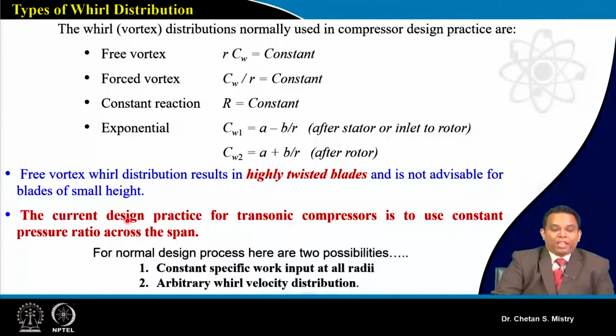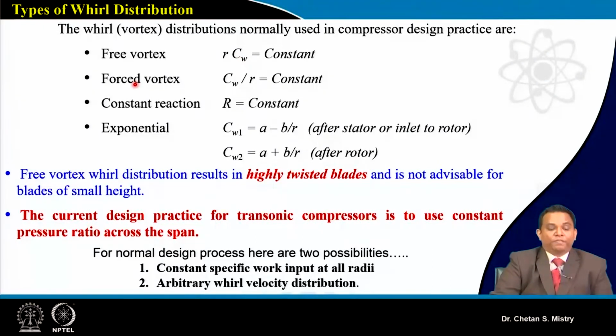We have discussed when we have Cw into r to the power n equal to constant, we have discussed different approaches. But as of today, for compressor design, people are taking different design approaches. One of them, as we have discussed, is the free vortex design, in which r into Cw is equal to constant.